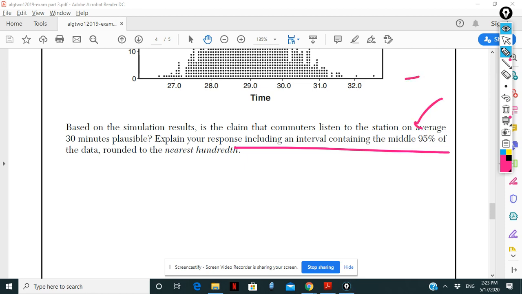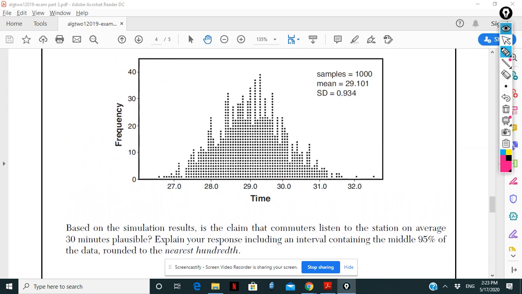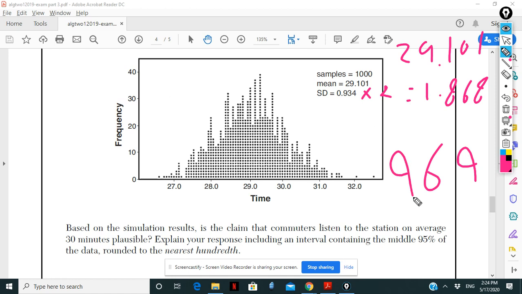So middle 95% means plus 2 standard deviations and minus 2 standard deviations. So I'm going back. Standard deviation times 2 is 1.868. Now, one time I'm going to add it to 29.11, giving me 30.978. Now, the second time I'm going to subtract.